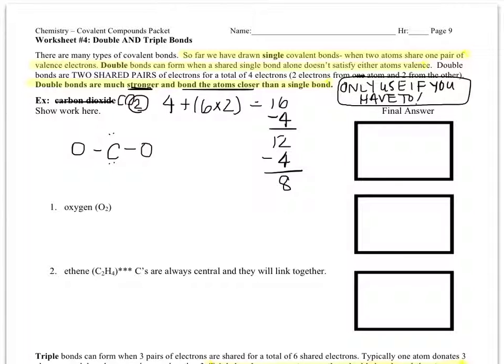So I'm going to divvy them up around my outer atoms. 1, 2, 3, 4, 5, 6, 7, 8. Remember, I put the electrons on in pairs, and I try to spread them out as evenly as I can around the remaining atoms. Now I've used up all 8 of those electrons, right? If I counted up all the electrons in this picture, I used 16, which means that I can't put any more electrons into the picture.